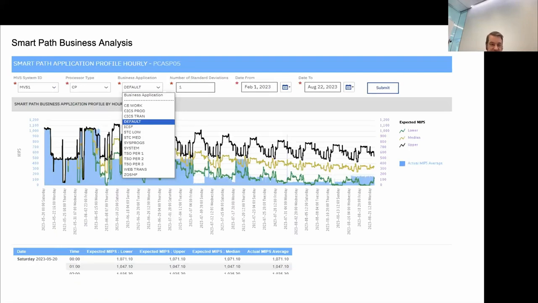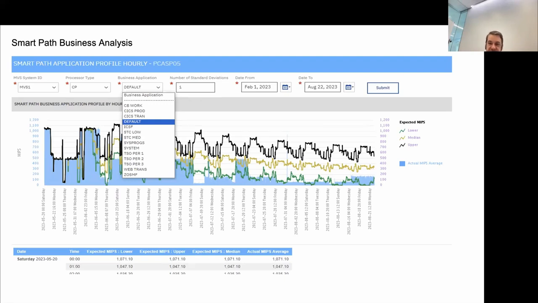Here's an example of a business analysis application profile view that we have built up. You can see a set of line charts that show the expected MIPS consumption of a particular application across that week, across multiple weeks, with the calculations done on an hourly basis. We're showing several months' worth of data, because it's quite a long range.